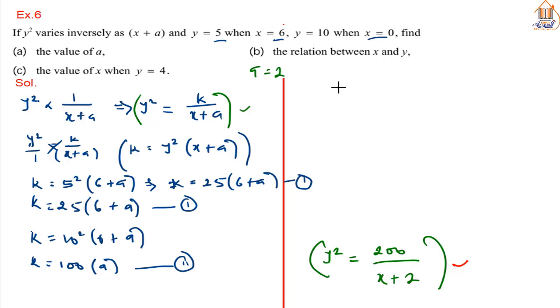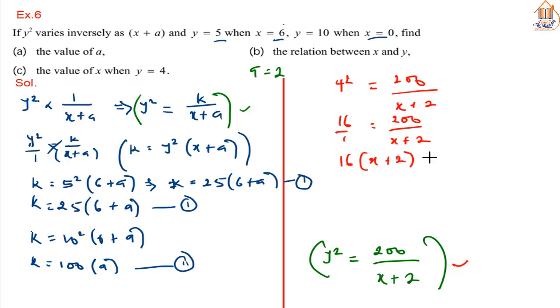So we have 4 squared is equal to 200 all over x plus 2. 4 squared is going to give us 16. So we have 16 all over 1 is equal to 200 all over x plus 2. We're going to cross multiply both sides. So we have 16 open bracket x plus 2 is equal to 200.